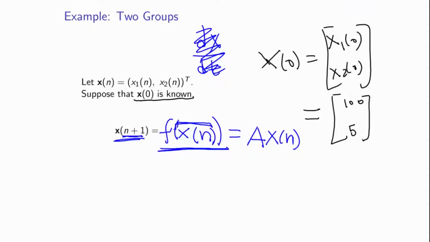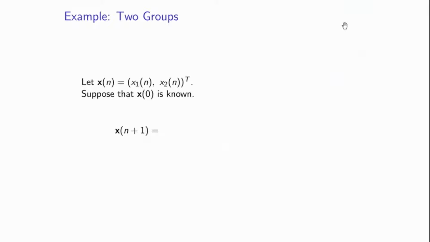Okay, so let's look at this in more detail. So at n plus 1, we have this matrix. This is a matrix with two rows. This is a 2 by 2 matrix, and we're assuming that this here is a 2 by 1 vector, which means that the state of the system is also a vector that is 2 by 1.